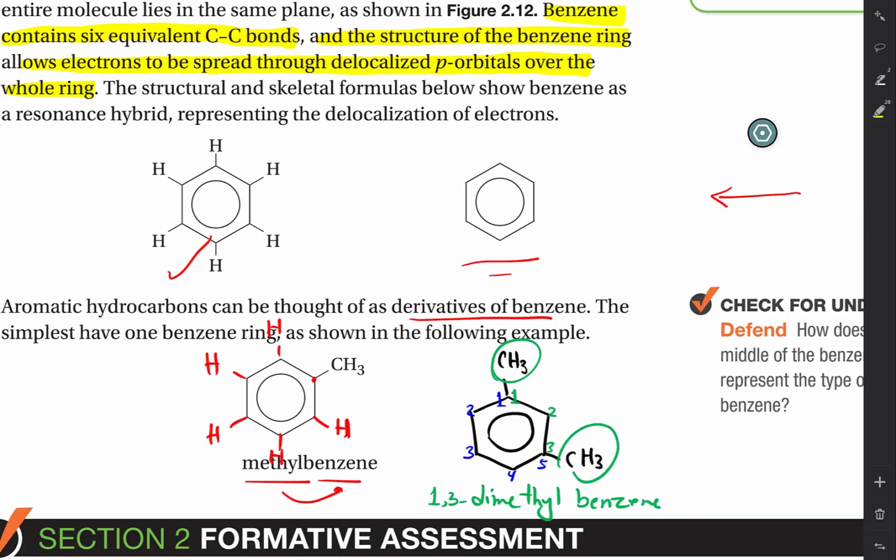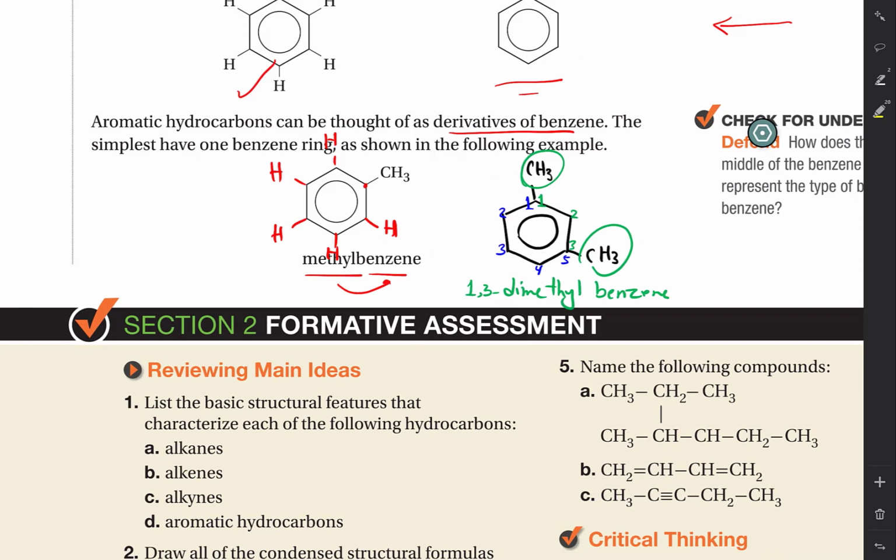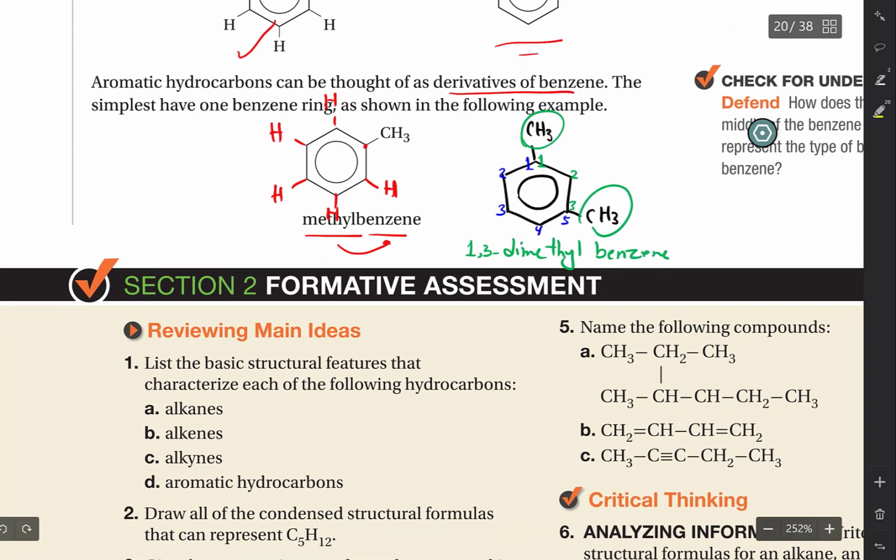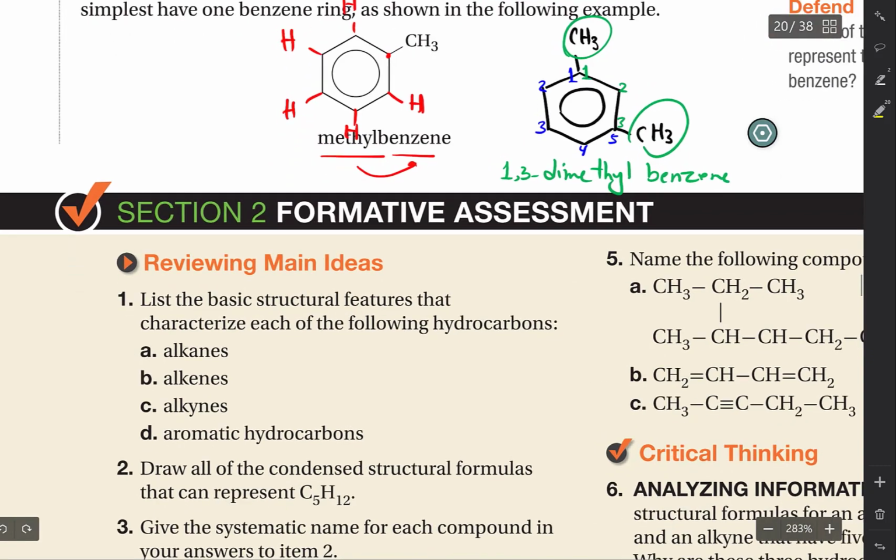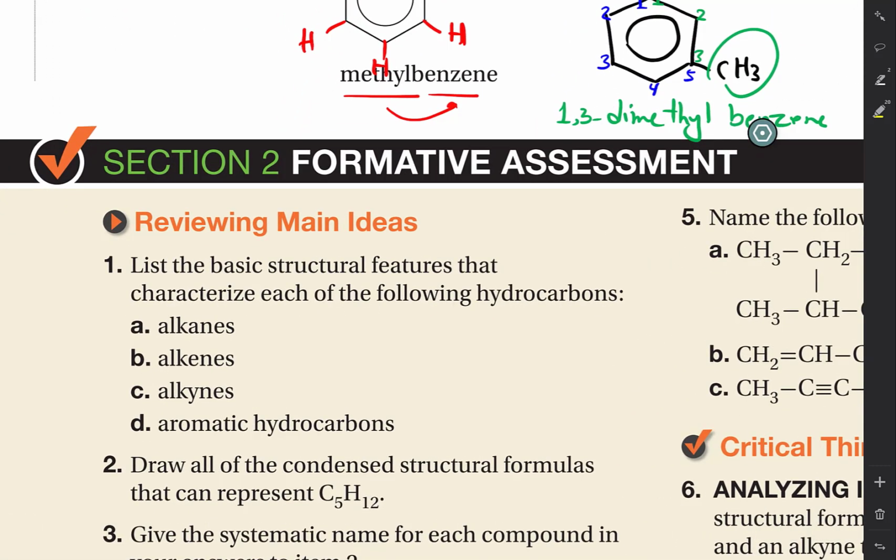Now let's answer some of the questions that we have here in the formative assessment for section 2. The first question says, list the basic structure features that characterize each of the following hydrocarbons. Alkanes: you know that in the alkanes we have only single bonds between the carbons.